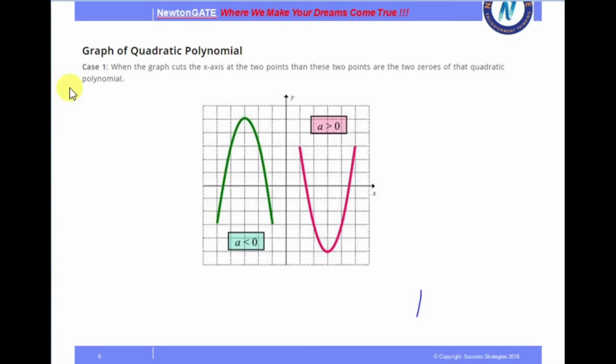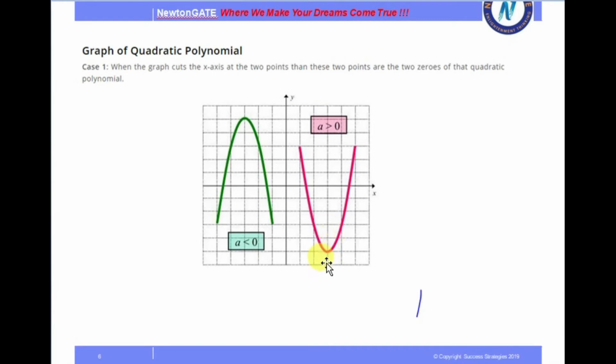Now, let us come to the graph of a quadratic polynomial, which is a very important topic for the examination, especially for MCQs and the short type of answers. This kind of graph is favored by CBSE, as many of us get confused about how many zeros there will be by seeing the graph.